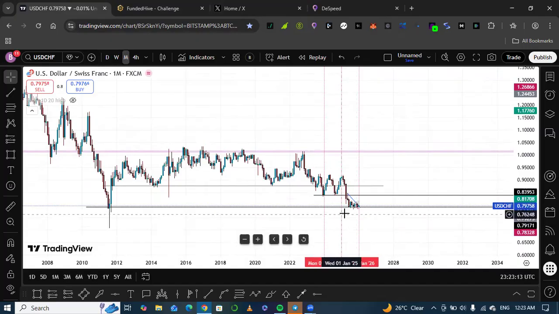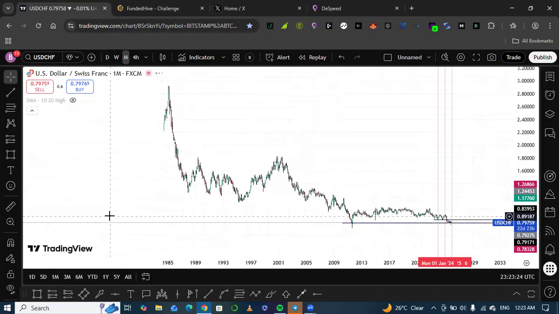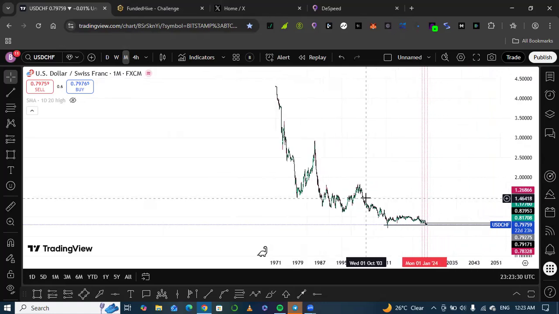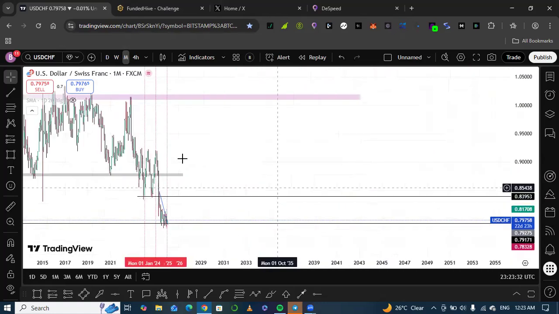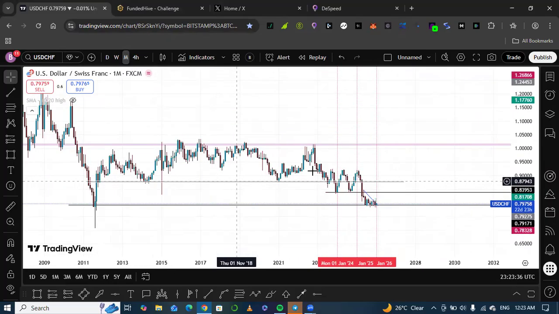There's a battle going on at this level. This is the second time price is getting to this level. I think this is the lowest, just a weak projection. I think this is the lowest price has ever gotten on this pair. Just imagine, since 1971, this is the lowest. So if this market should break below this level, it means it will go to its all-time lows.